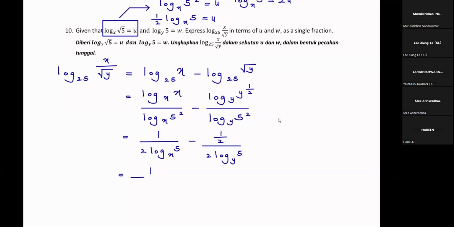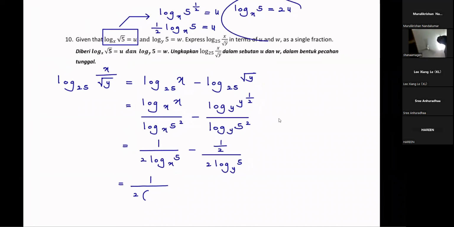1 over 2 bracket log x5 ni. Log x5 you boleh jadikan dia 2u. Tolak. Okay, you can use calculator class. 1 over 2 divided by 2 berapa?